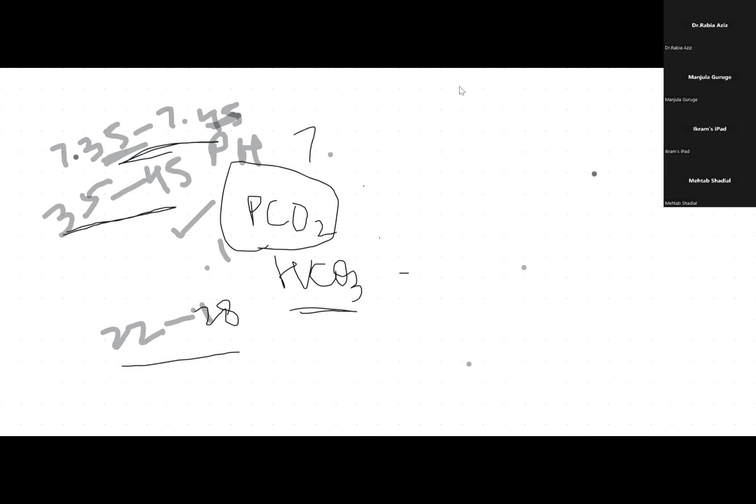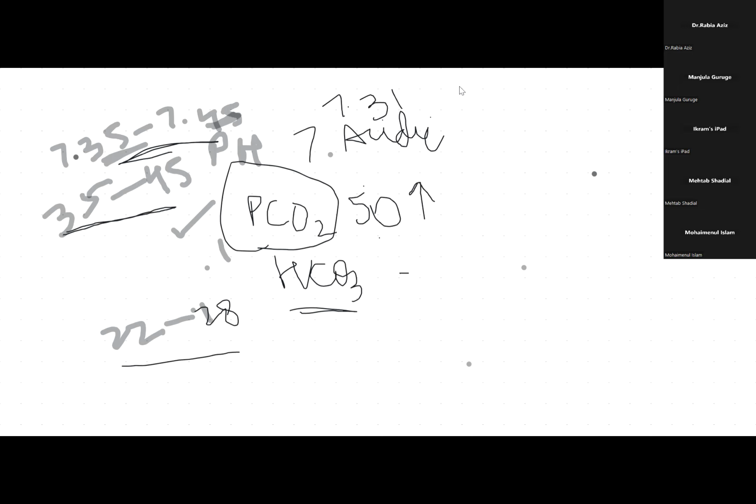Okay, roughly telling, if the pH is coming acidic, suppose 7.31, and carbon dioxide is 50, it is raised, and bicarbonate is say 20, that it is decreased.